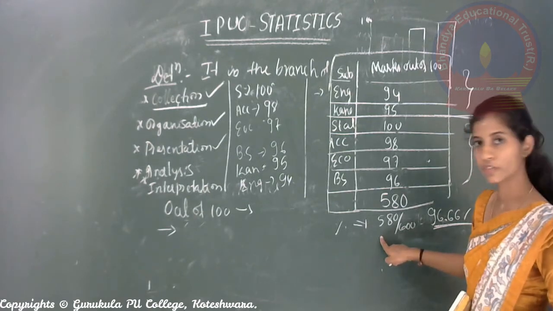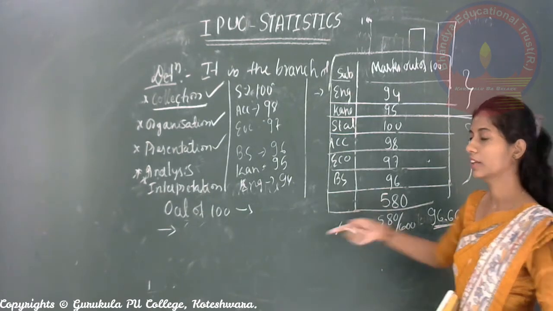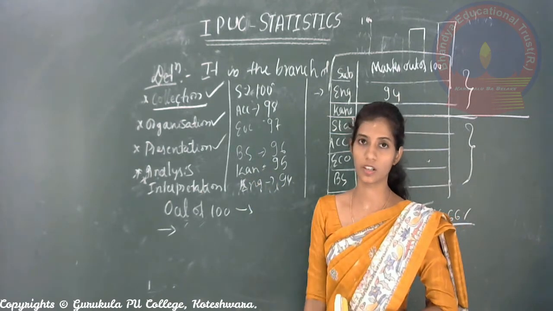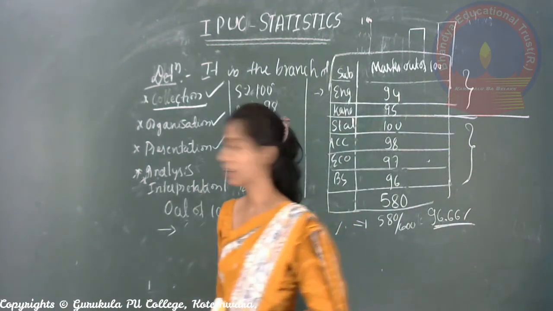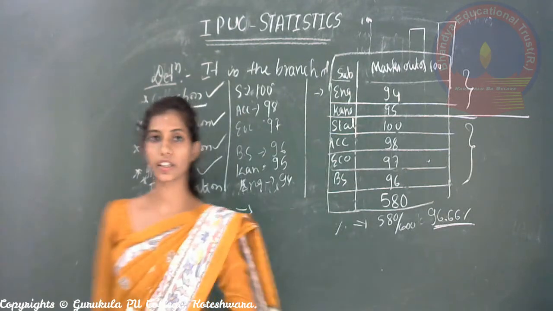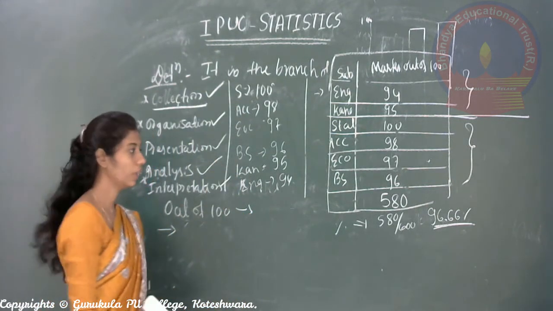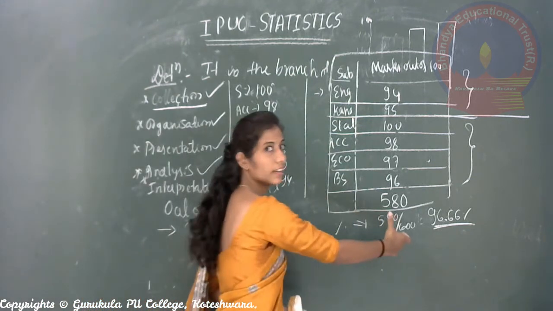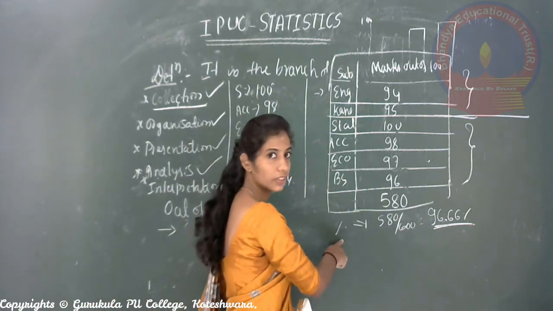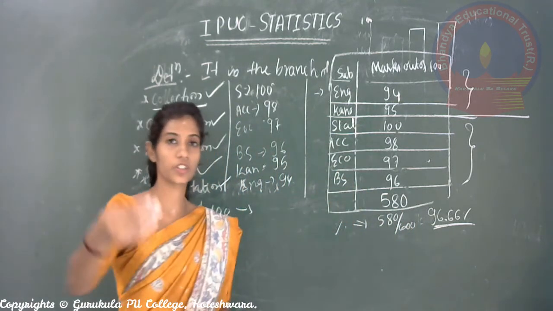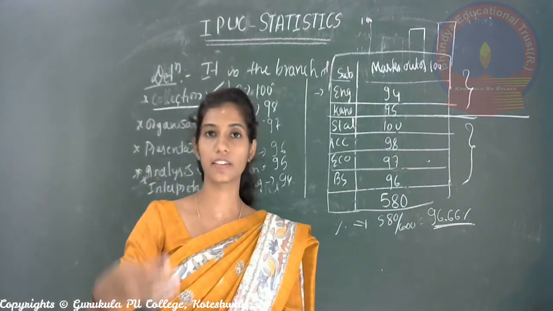Once the analysis part is done, next you move to the interpretation or conclusion part. Analysis is done, so what next? We go to the conclusion. Based on the marks or percentage, we categorize it as distinction, first class, second class, third class.